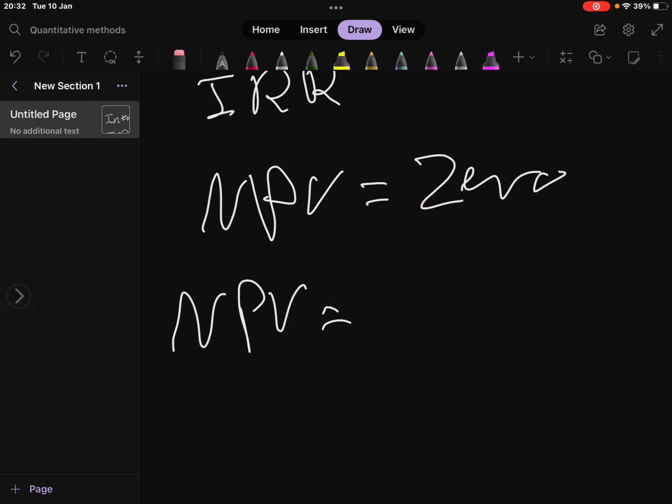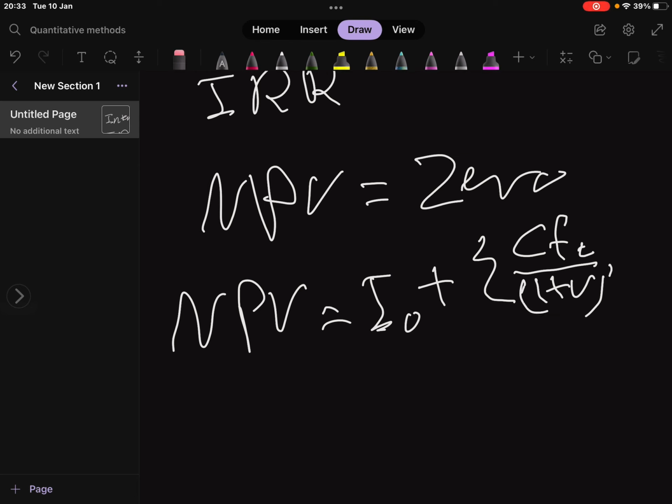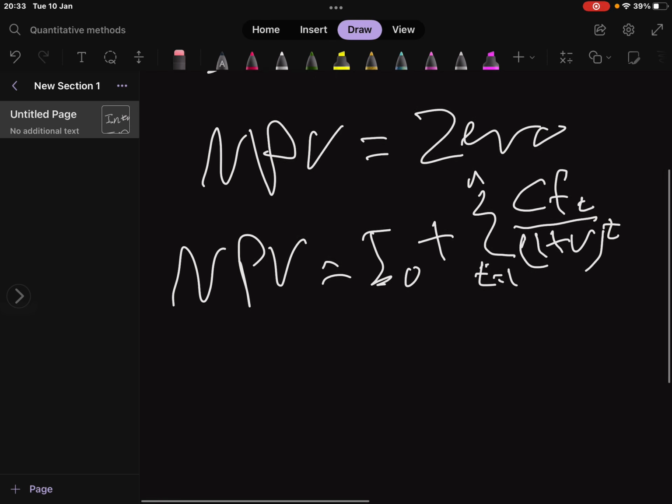NPV equals the initial investment at time zero plus the summation of all future cash flows, cash flow t over (1 plus R) to the power t, where t goes from 1 to N. So basically, all the future cash flows throughout the life of the project.